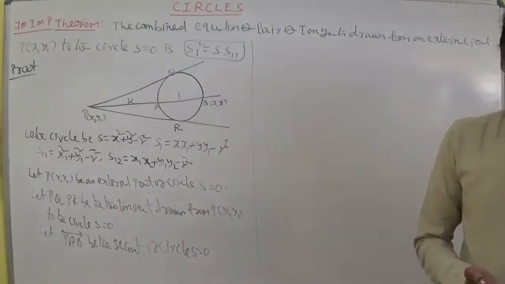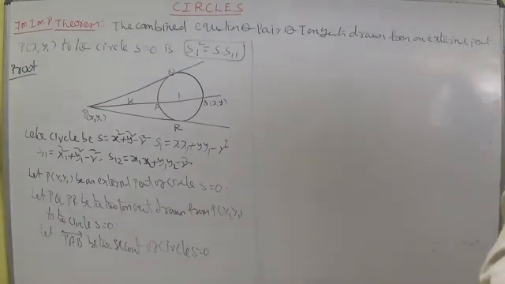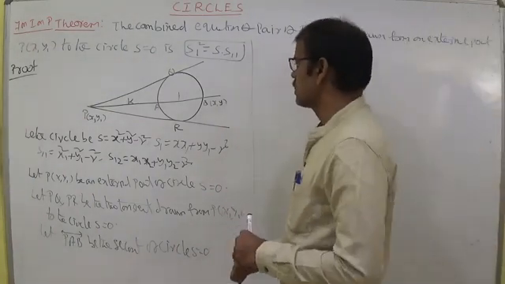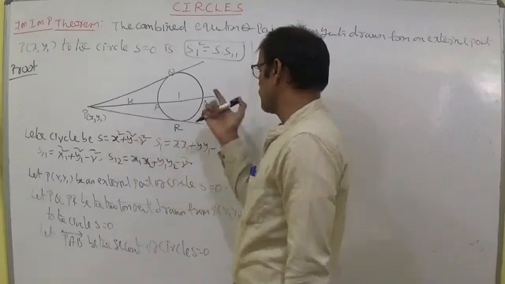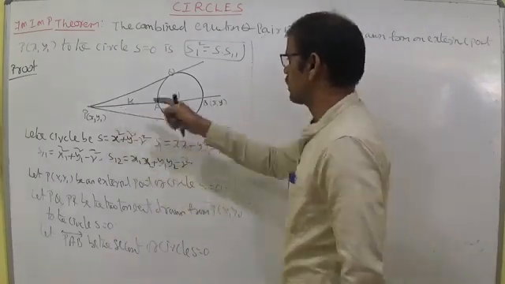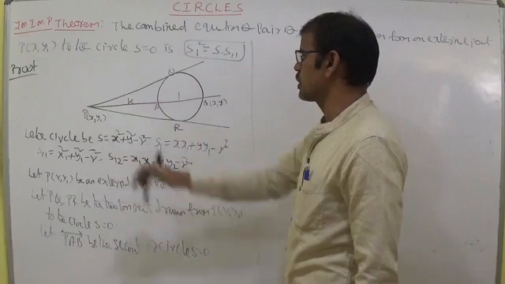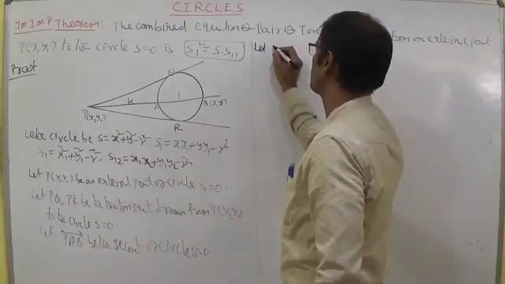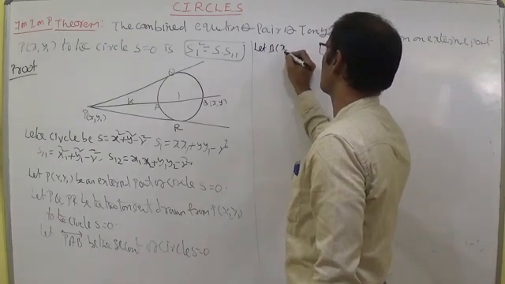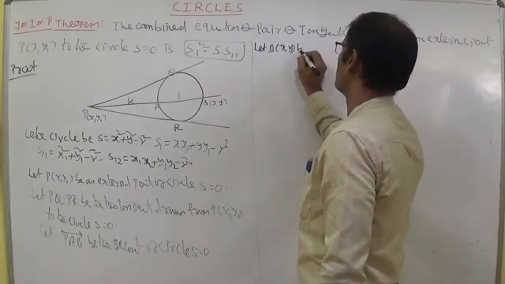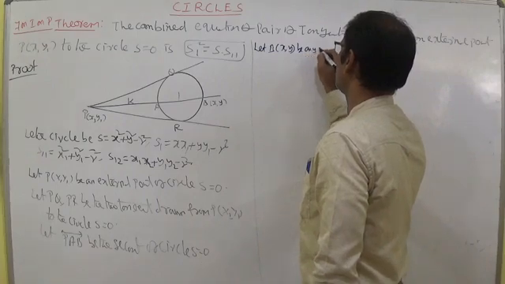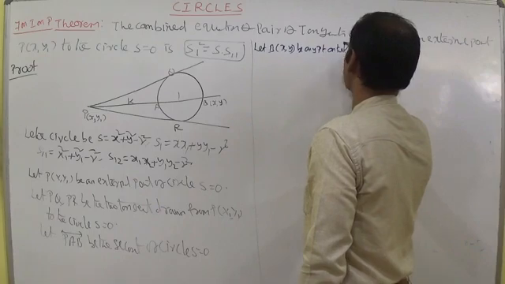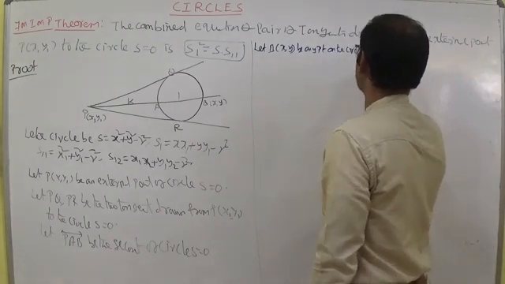Whenever a line is a secant of a circle, the line drawn from outside of the circle intersects the circle at two distinct points. So here I am writing B(x, y). Let B(x, y) be any point on the circle.